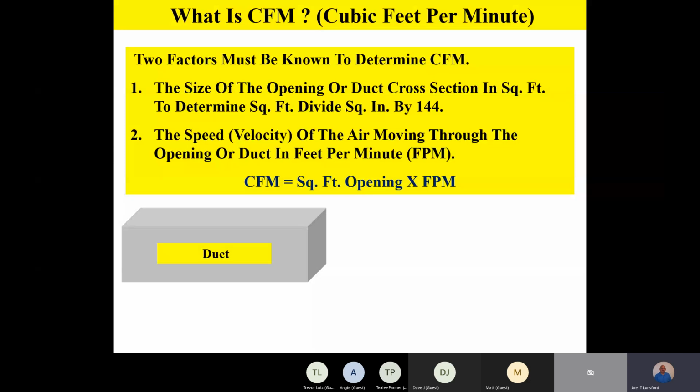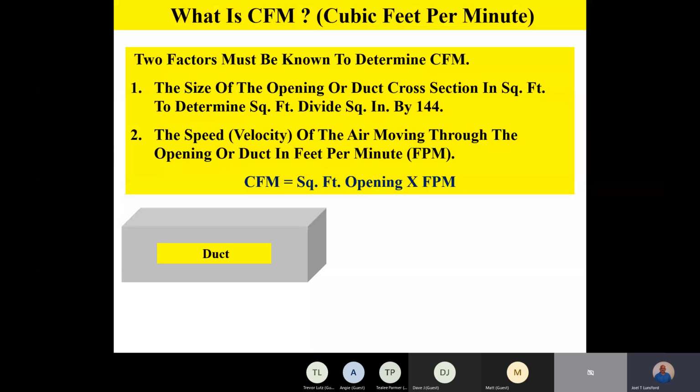But now hang on, we always have to convert to square feet. So we take 380 and divide by 144 to get a square foot opening of 2.64 square feet. We then measure the velocity of the air either with a rotating vane tool or a hot wire anemometer, where we can just poke a hole in the side of the duct, put the hot wire in the duct, and read the velocity of the air.